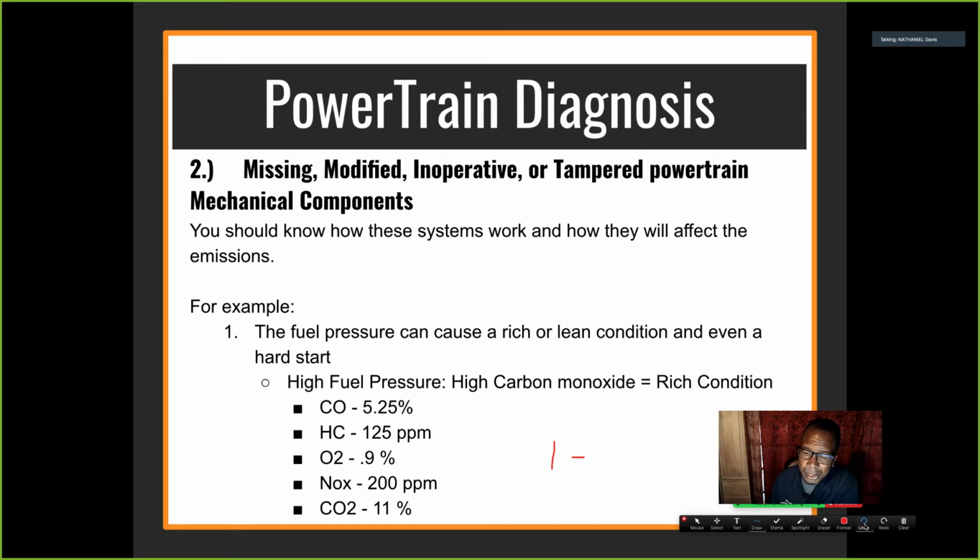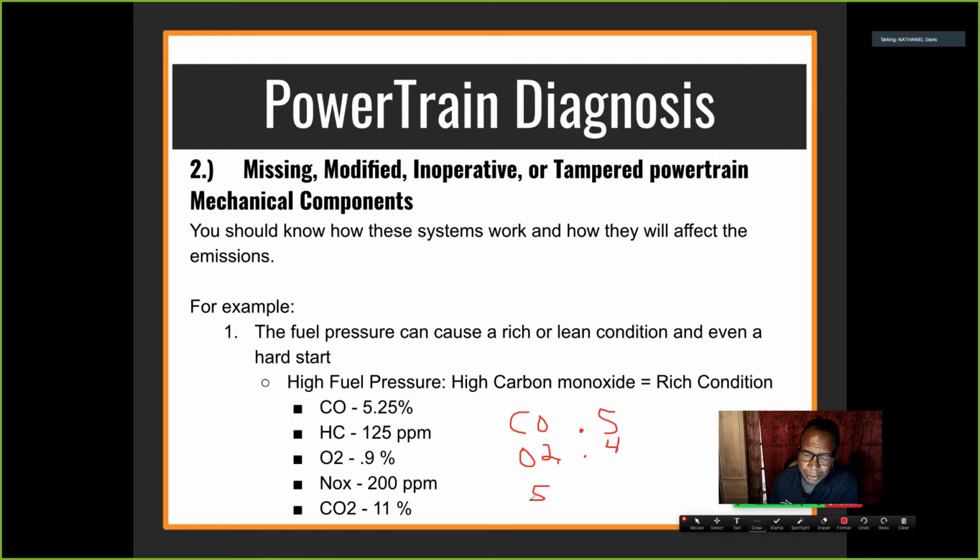Now with a newer car, if the CO, let's say this is CO, and O2 should be almost balanced. That indicates a balanced air-fuel mixture. Okay? And like I said, when it starts to go rich, HCs follow right behind it.